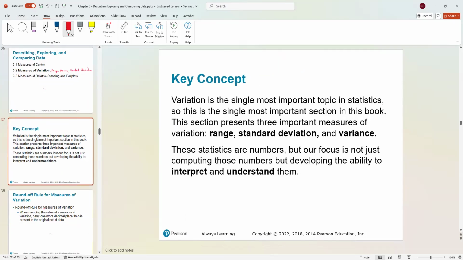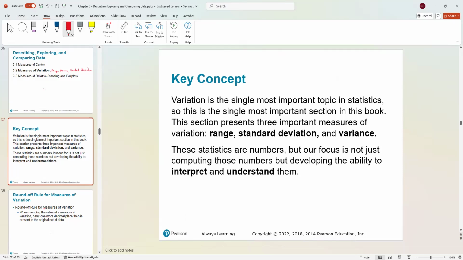Key concepts: variation is the single most important topic in statistics. So this is the single most important section in this book. In these sections, we will present the three important measures of variation: range, standard deviation, and variance. But we're going to focus on variance and standard deviation. That's very important.